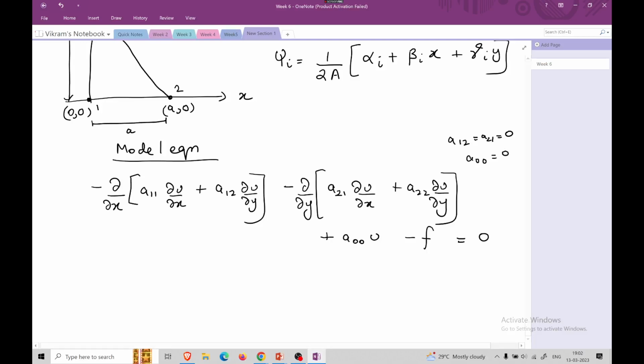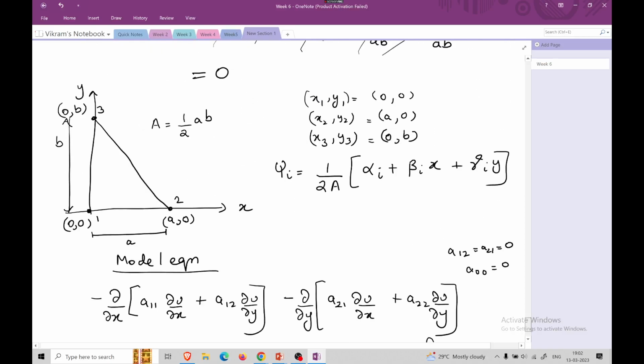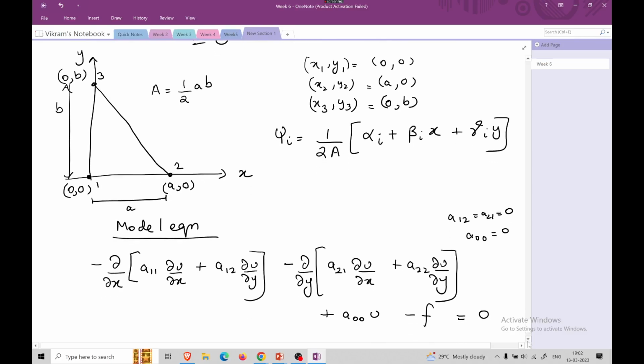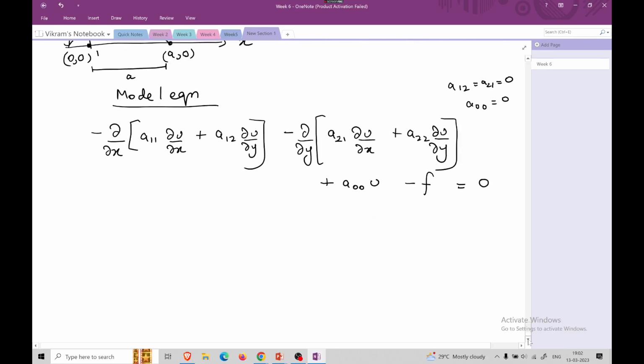But what we will do is, we will try to solve the weak form for the entire model equation, and in the end we will substitute these values of a12, a21 and a00. Okay, so any doubt till here? So I have just written the model equation. So we will see how to develop the weak form of this equation and develop the element stiffness matrix. If you have any doubt, please ask in between, I will clarify once again.